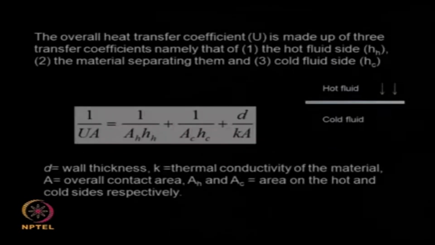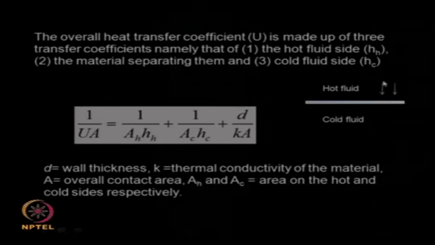So the U, the overall heat transfer coefficient, is made up of many sub parts, because if I take a setup like this, we have some hot fluid flowing outside, cold fluid flowing inside, and separated by some metal. So heat is getting transferred from the hot to the cold.